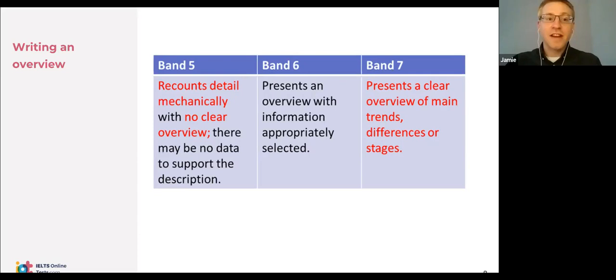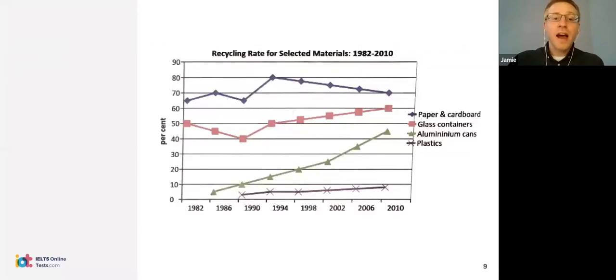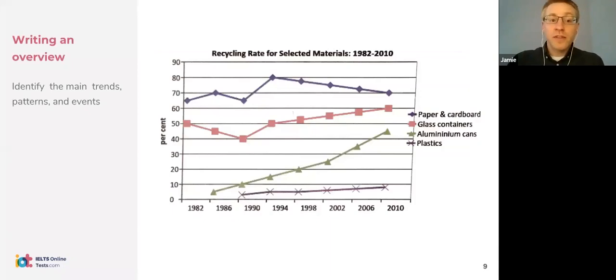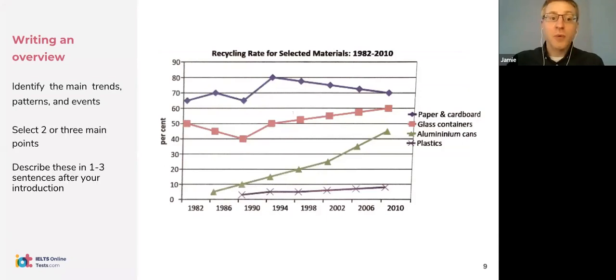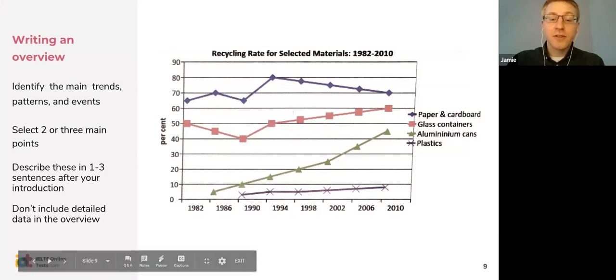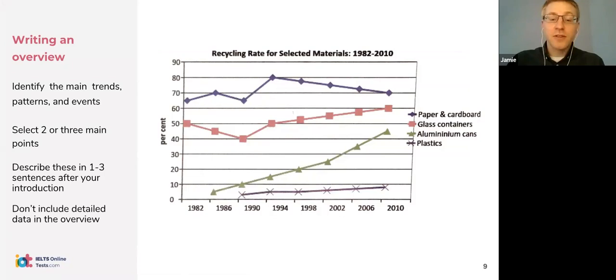We want to identify the main trends, the patterns and events, and then select 2 or 3 main points to describe. This can take us 1 to 3 sentences directly after the introduction, but we don't want to include too much detailed information at this stage. That will come in the description section.